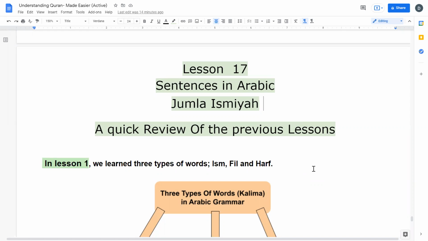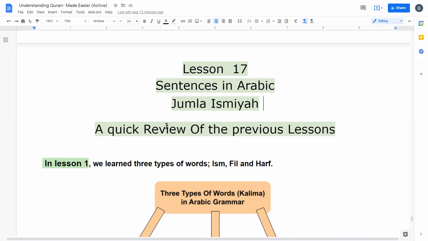In the last 16 lessons, our main focus was on ism. We learned about ism, which is one type of word in Arabic. And today we are going to learn something about sentences in Arabic, and especially one type, which is Jumlah Ismiyah.